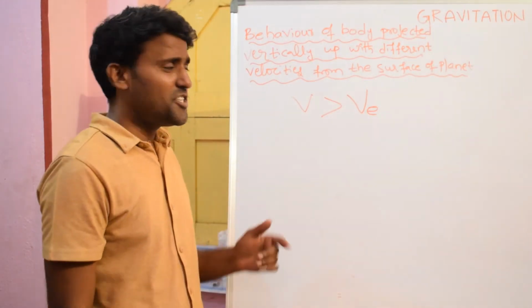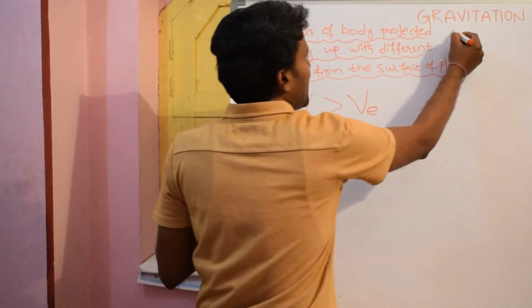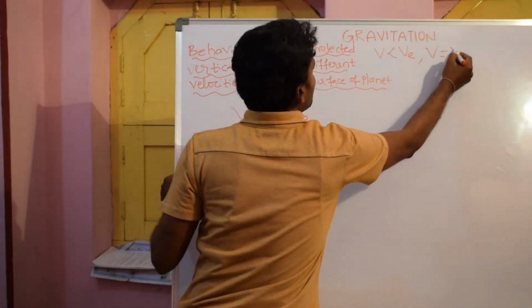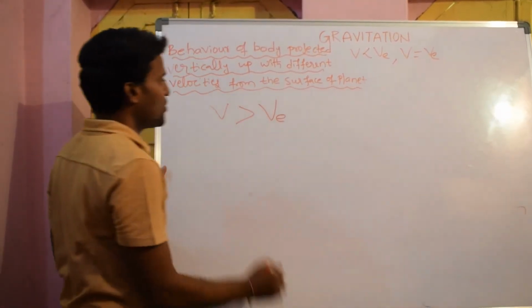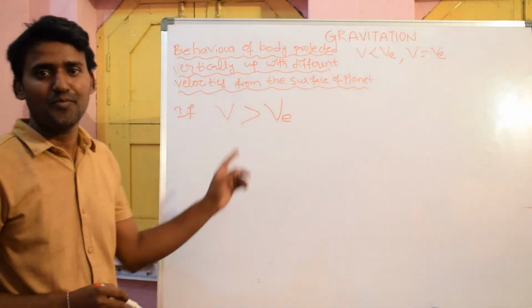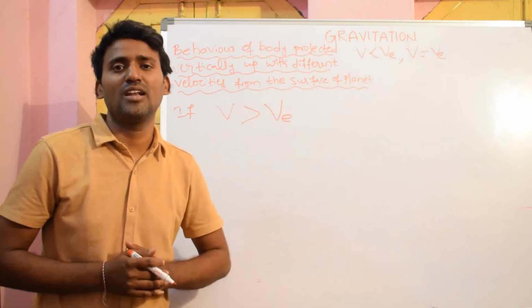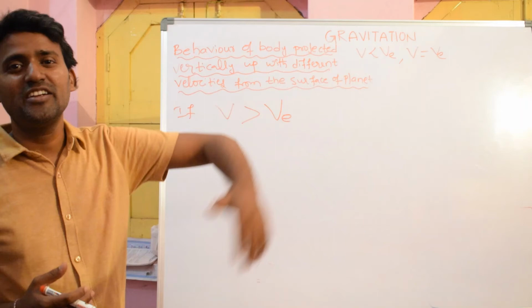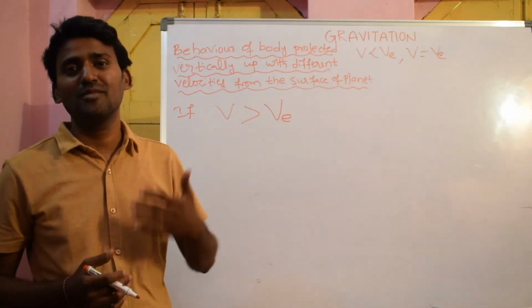Now the first situation is velocity less than escape velocity. Second case, velocity equal to escape velocity. Now the third one, if velocity is greater than escape velocity. In this situation also it can cross the gravitational field line. It can escape from the gravitational field.